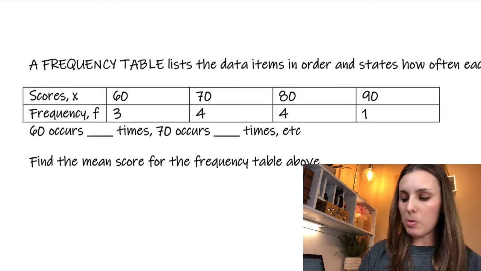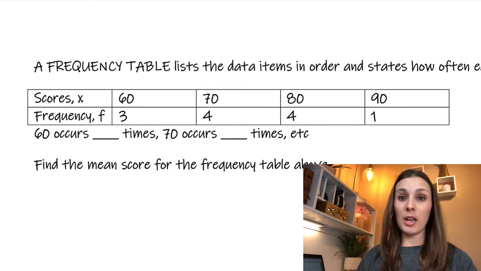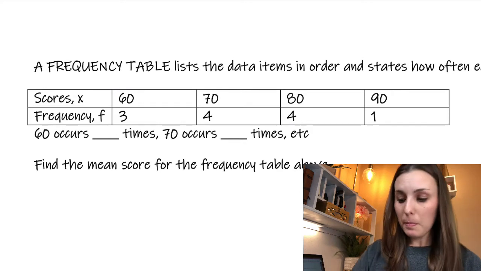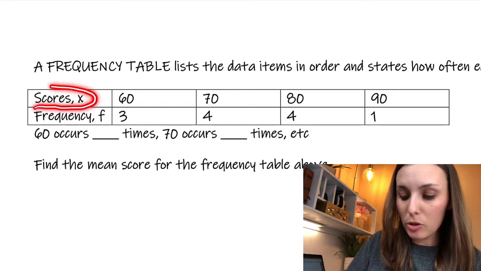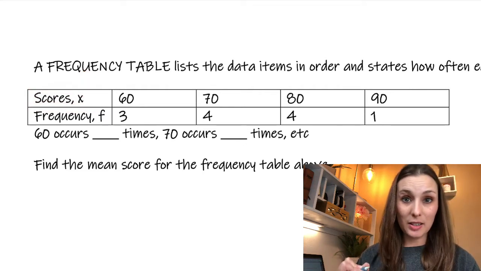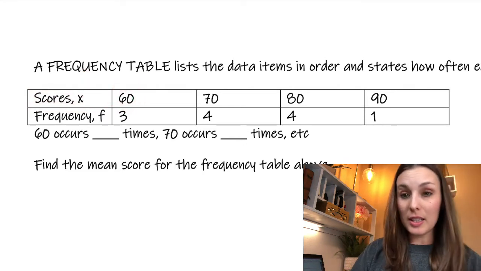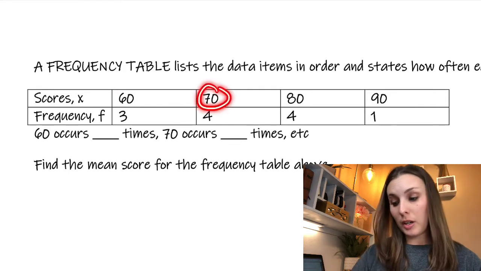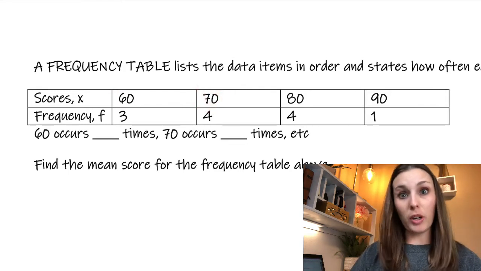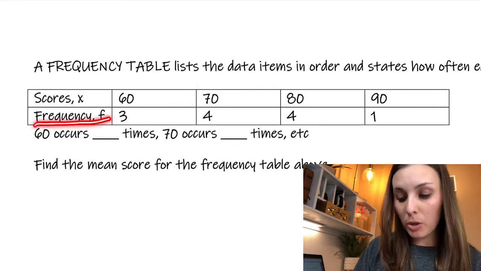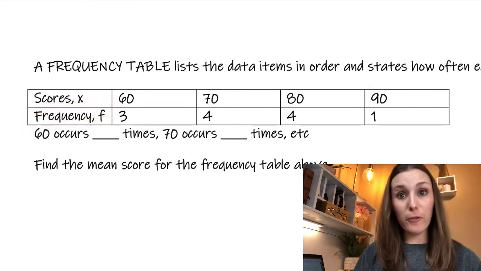So let's look at this table, and part of statistics is learning how to read a table and read it effectively. This says scores, which are our x's. So 60 is a score. 70 is a score, and so on. And then the bottom row says frequency, f.